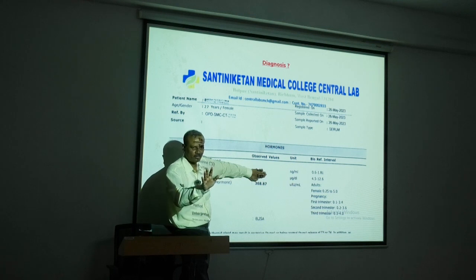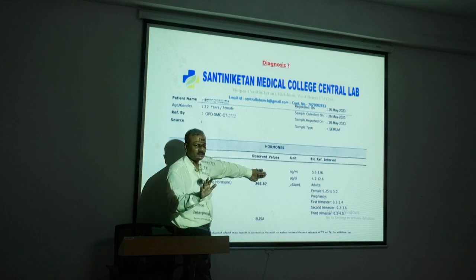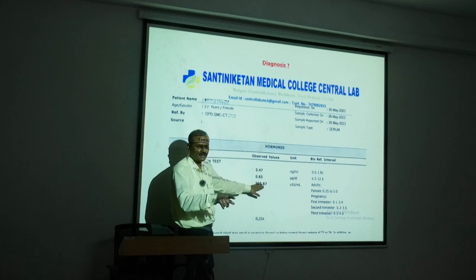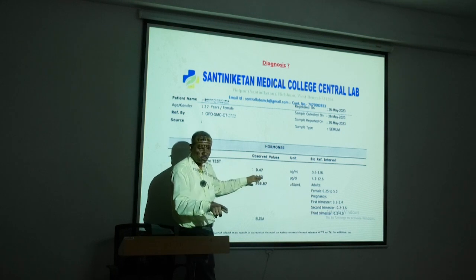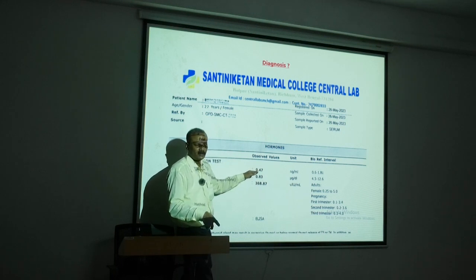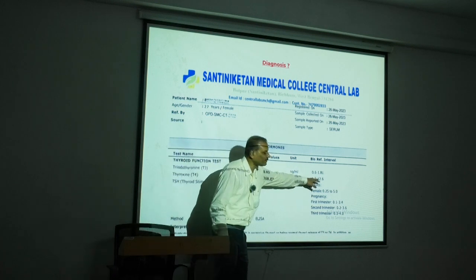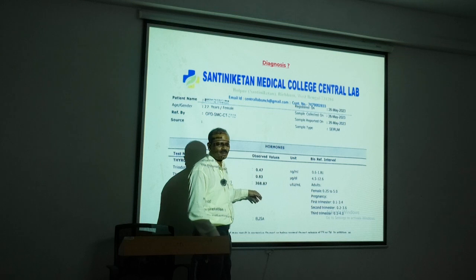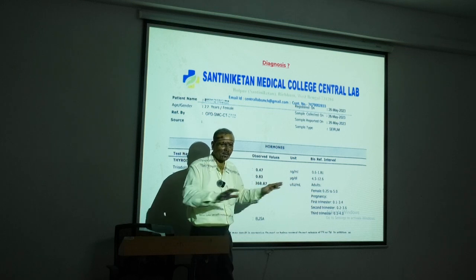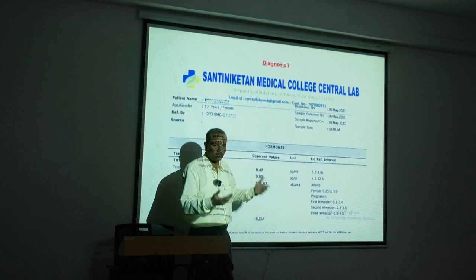So if TSH is secreted in unregulated amounts, then that will stimulate the thyroid gland to produce more T3 and T4. With this TSH level, the T4 level will be almost 12.5, it might be 32, 42, we don't know the figure. But whatever the maximal capacity of the gland, the gland will go on secreting.